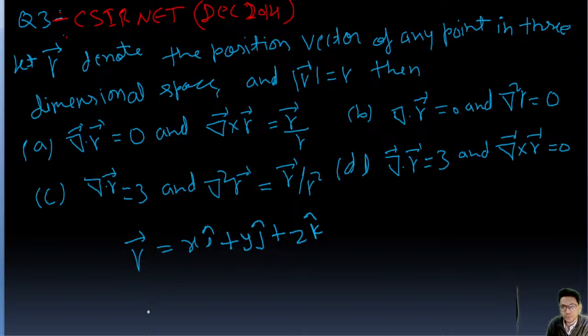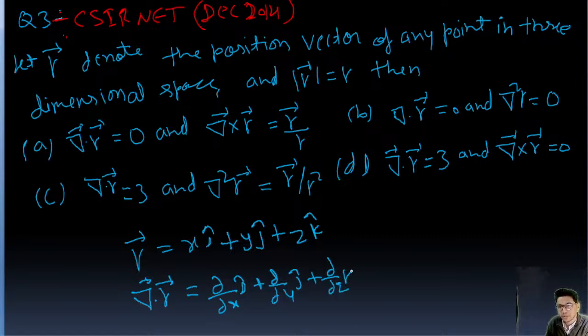So what we are going to do is we'll find divergence of R, that is del upon del x i cap plus del upon del y j cap plus del upon del z k cap dot R. R is x i cap plus y j cap plus z k cap. Okay, so we'll solve it.